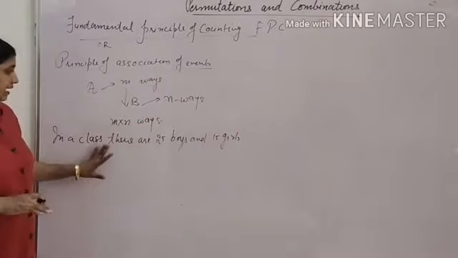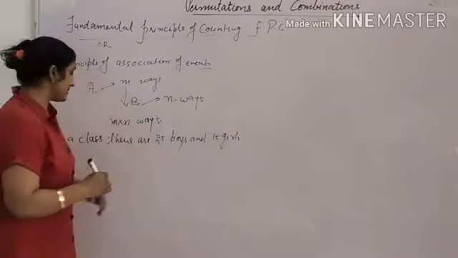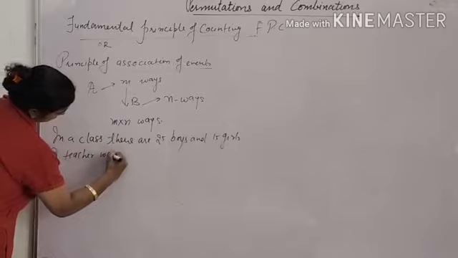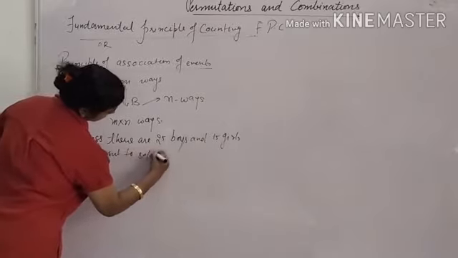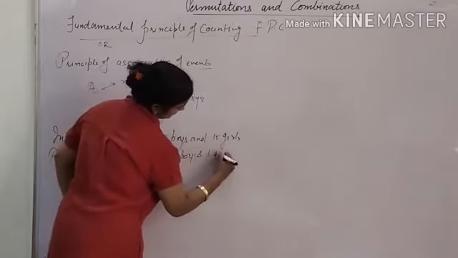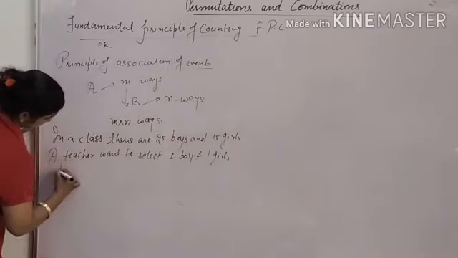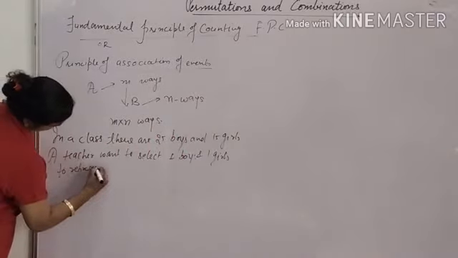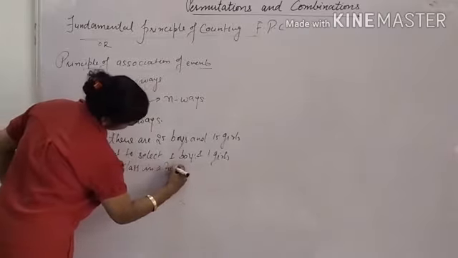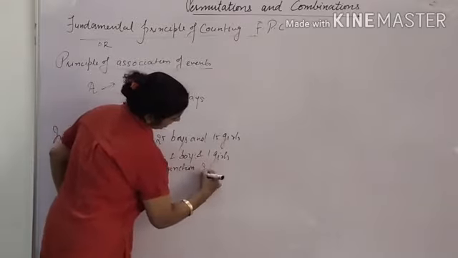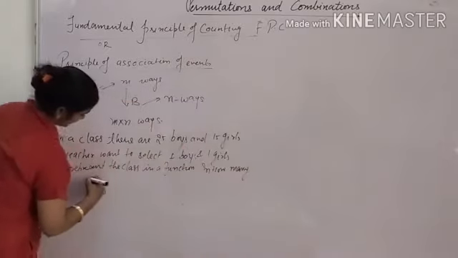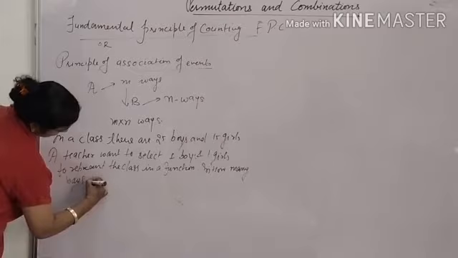In a class there are 25 boys and 15 girls, and a teacher wants to select one boy and one girl to represent the class in a function. In how many ways can he do this selection?